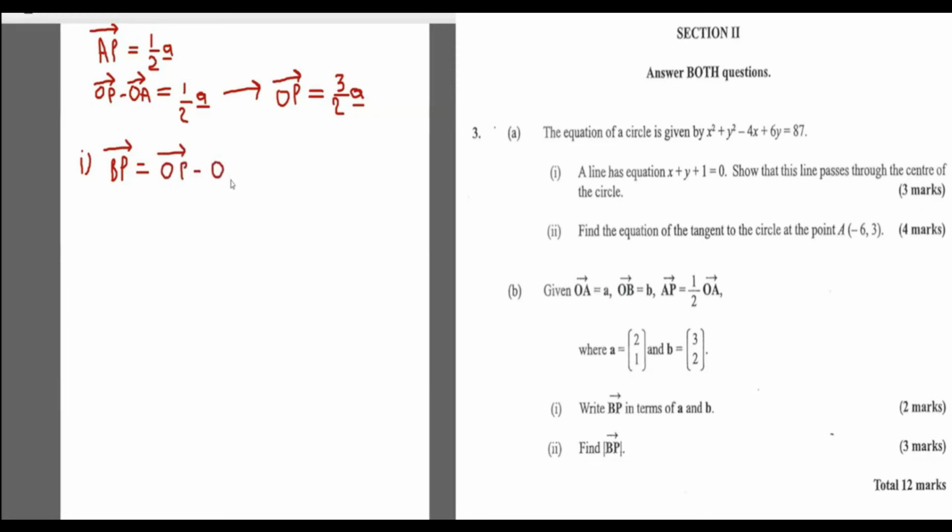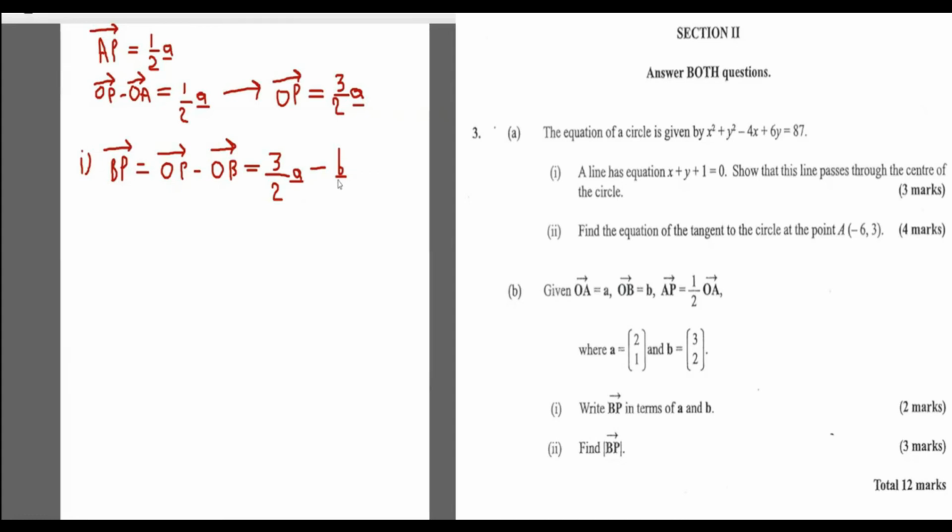We already know OP is 3 over 2A, and OB is just B. So BP is 3 over 2A minus B.